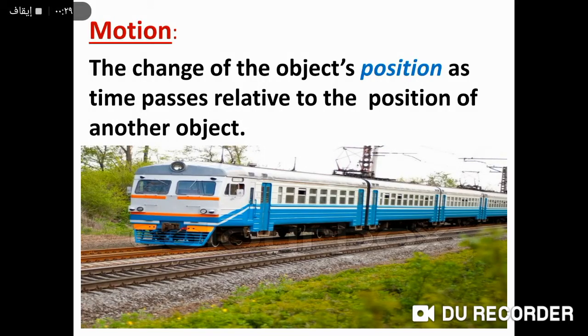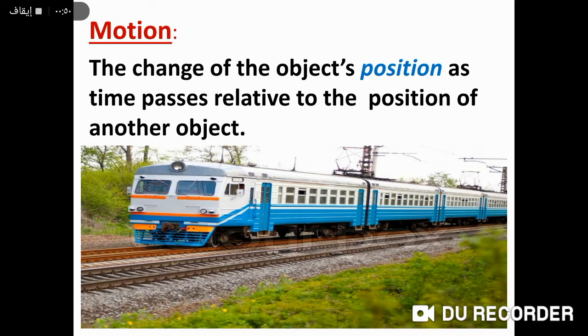I mean by this definition that this train is moved from one station to another, so it changes its position as time passes. So we can say that this train is in a state of motion.